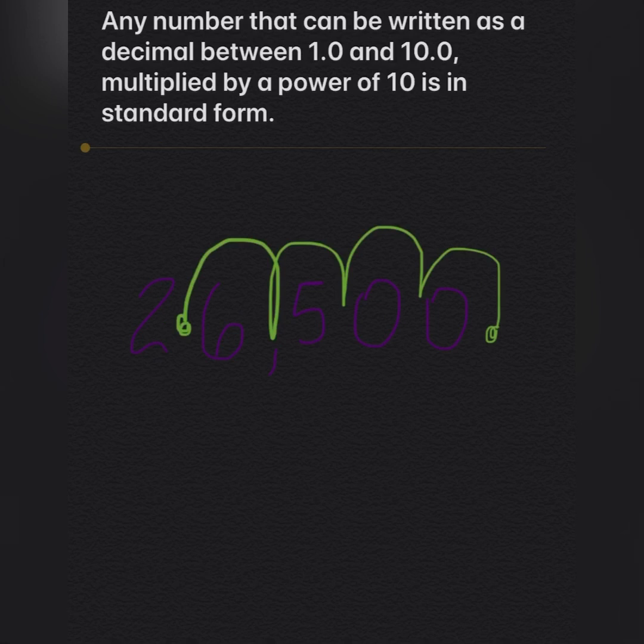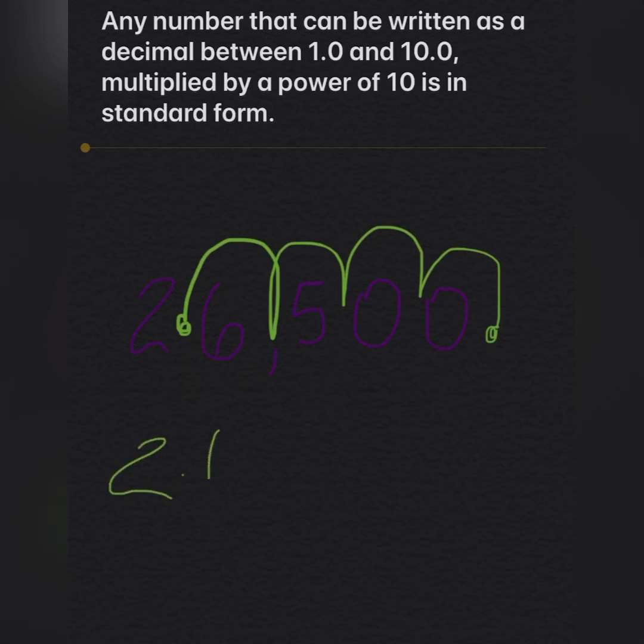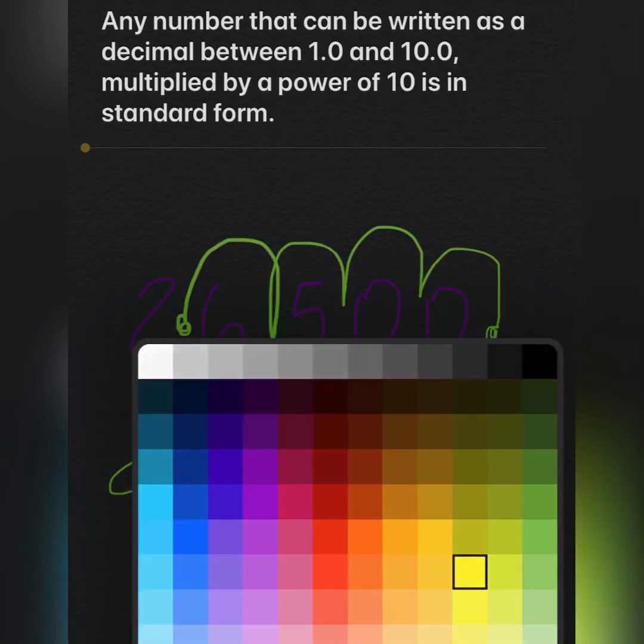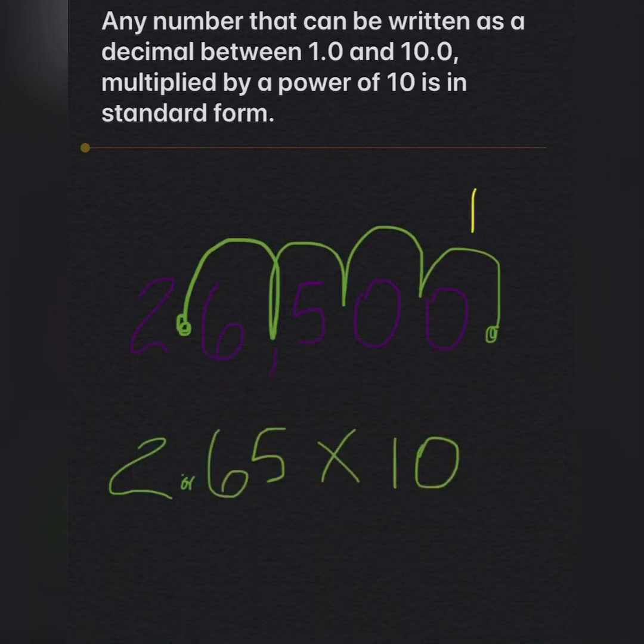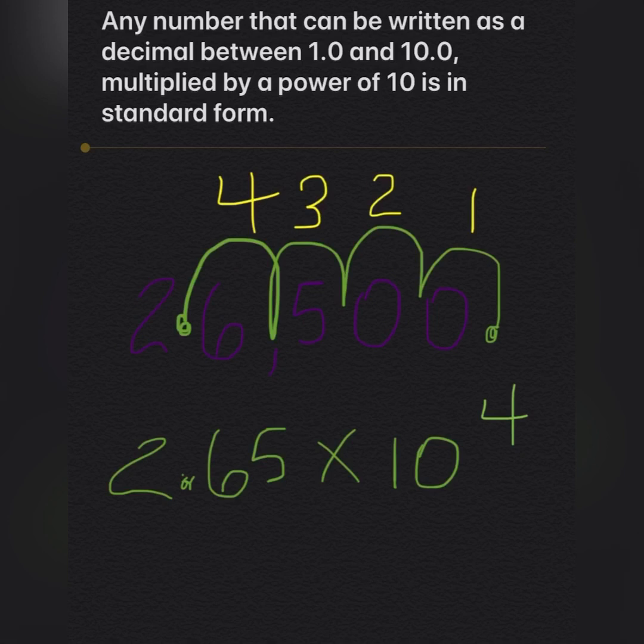So the number we have now is 2.65, always multiplied by 10. Now let's count how many spaces we moved: 1, 2, 3, 4. Because we moved to the left, it is a positive 4. So 26,500 in standard form is 2.65 times 10 to the 4th power.